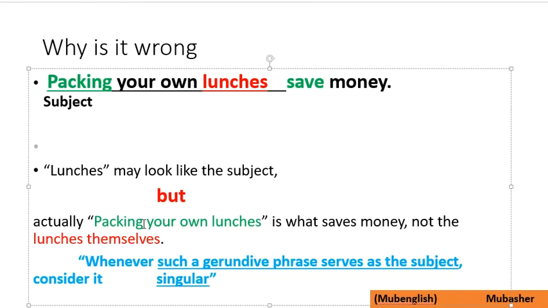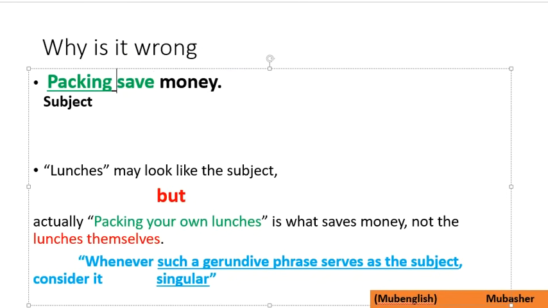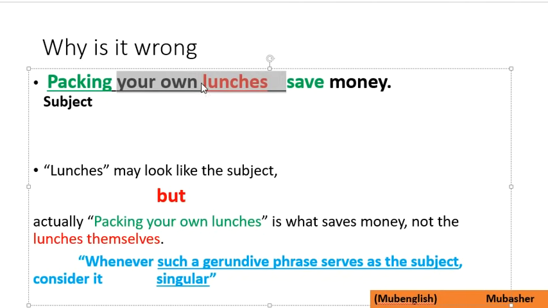Although there is a link with lunch as well, the lunch is linked with the packing of lunches. If we take this sentence like this one, packing saves money, this would be correct. And if we write packing, then we need to write saves.